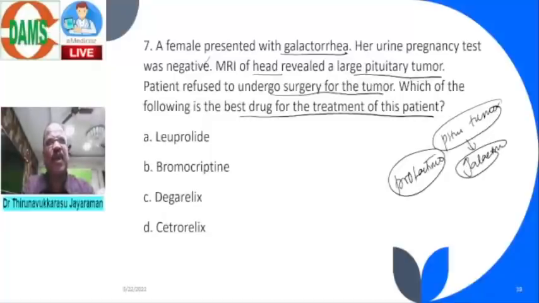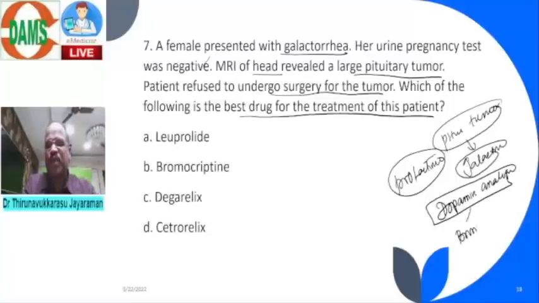To control prolactin, we have to go for a dopamine analog, because dopamine inhibits prolactin secretion. So dopamine analogs: we have bromocriptine and one more drug called cabergoline. Like that, we have two important D2 agonists. With this knowledge, look at the options.